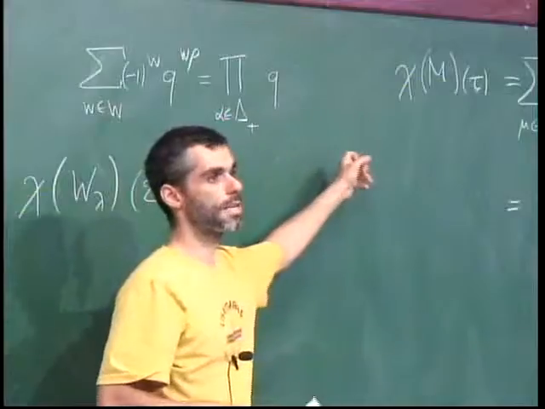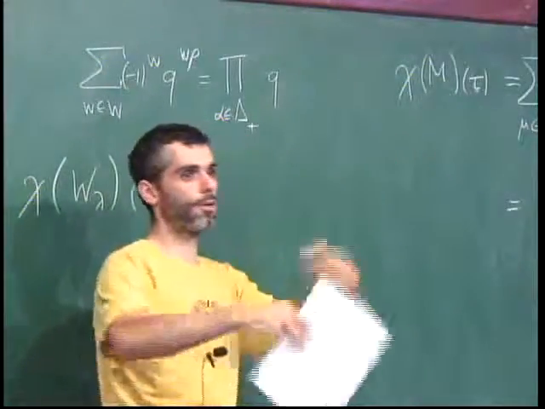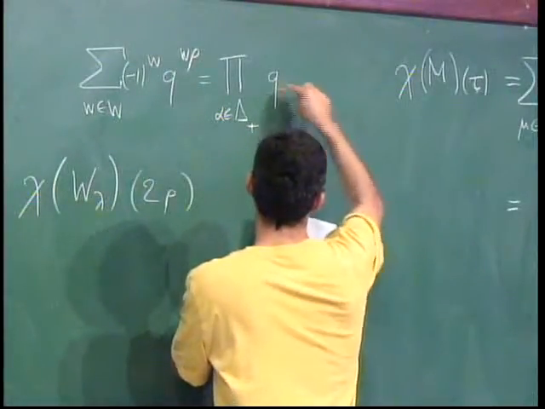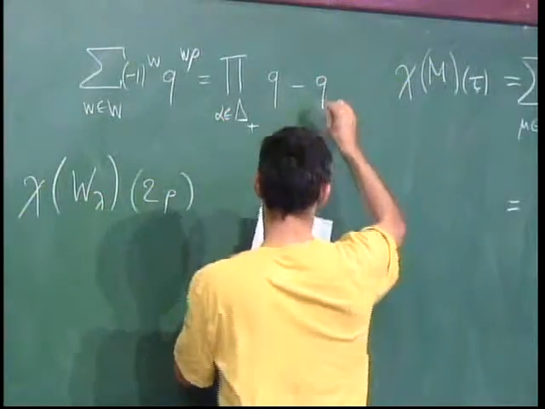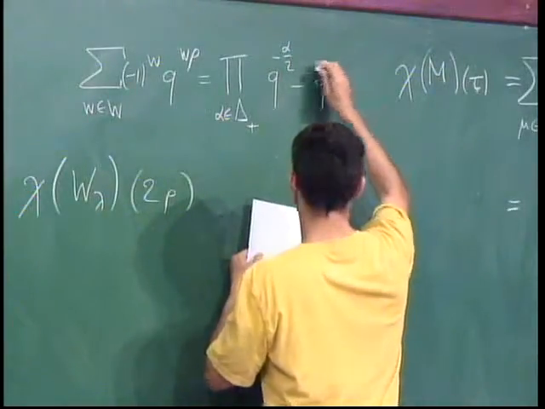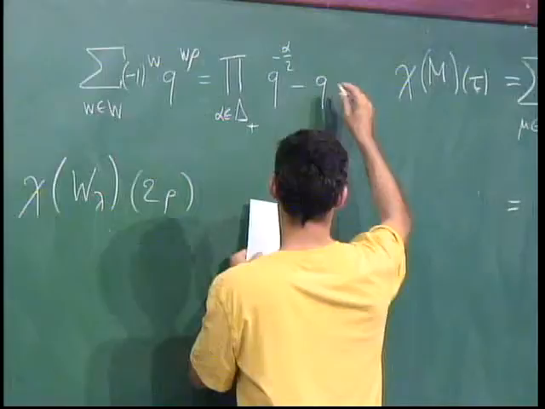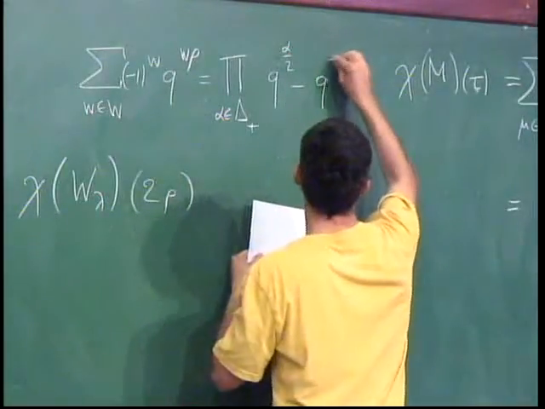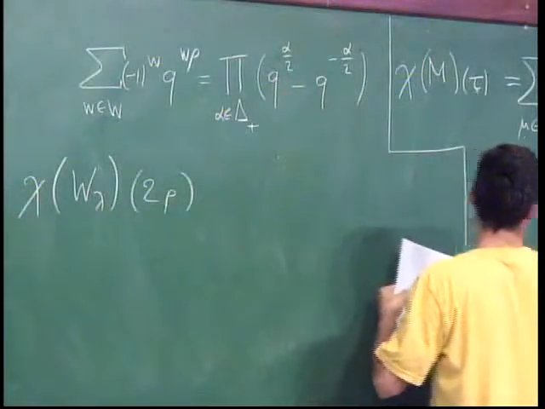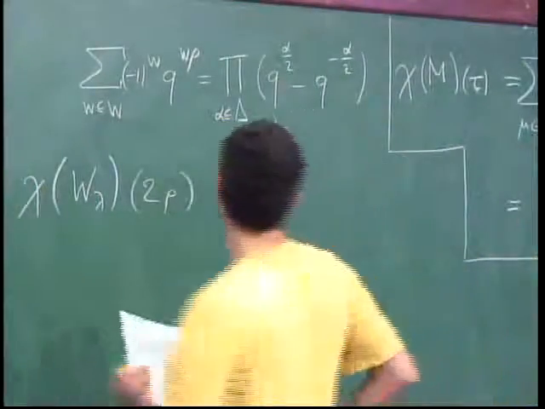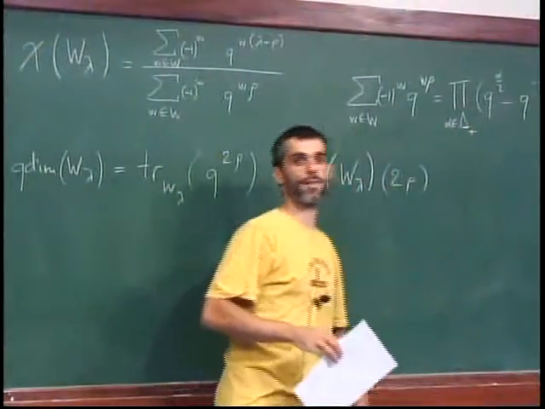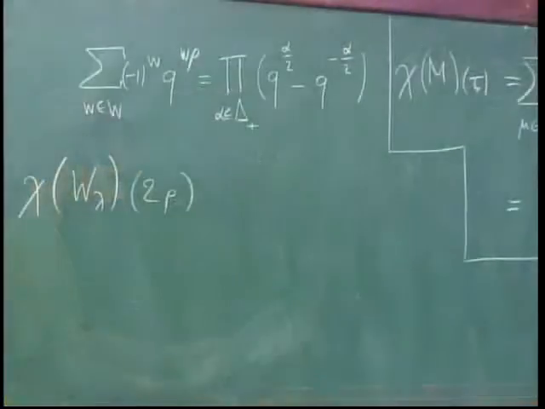Before, I had 1 minus e to the minus alpha, but now I've incorporated this rho shift, and you end up with something not of the form 1 minus q to some power, but more symmetric: q to the alpha over 2 minus q to the minus alpha over 2. So there's this formula, and the same formula where the denominator has been replaced by that. We've seen both.